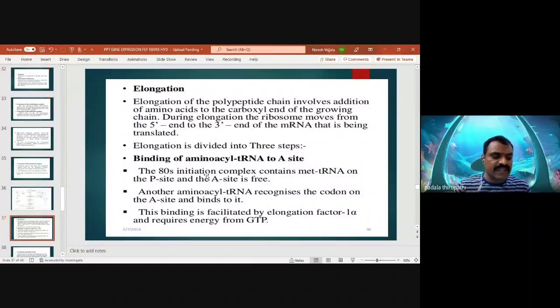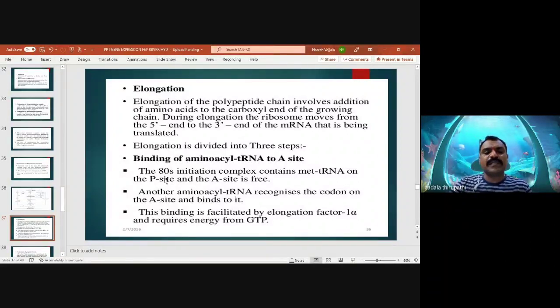These tRNA sites are labeled as the A site, P site, and E site. The A site we can call the aminoacyl site. P site means peptidyl site. So what is the E site, sir?